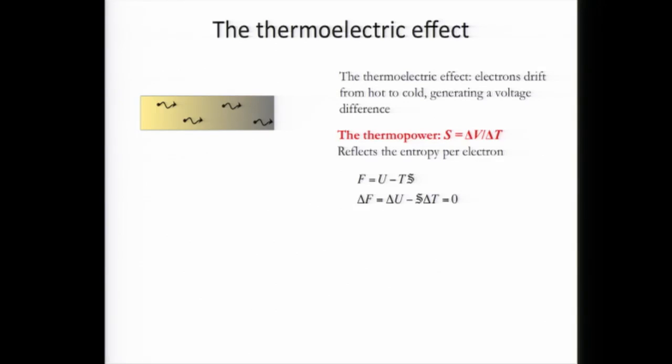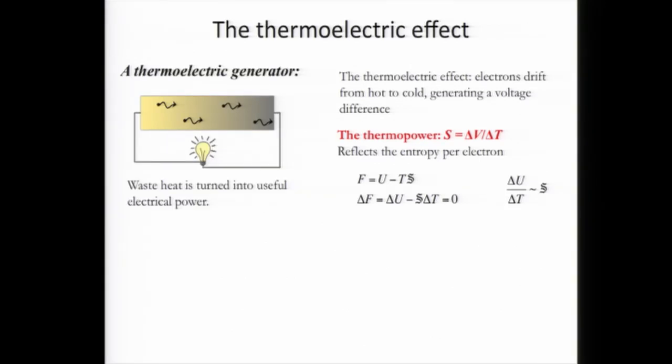And if that quantity is constant, that means when you apply a gradient delta T, the electrons have to set up for themselves a gradient of energy delta U in order to make this thing spatially constant. So if you just make the ratio delta U over delta T, that tells you the entropy S per carrier, right? So in that sense, this ratio delta U over delta T is like the thermopower delta V over delta T. So the thermopower is a reflection of entropy per carrier. And when carriers have lots of entropy, they produce lots of thermal power.